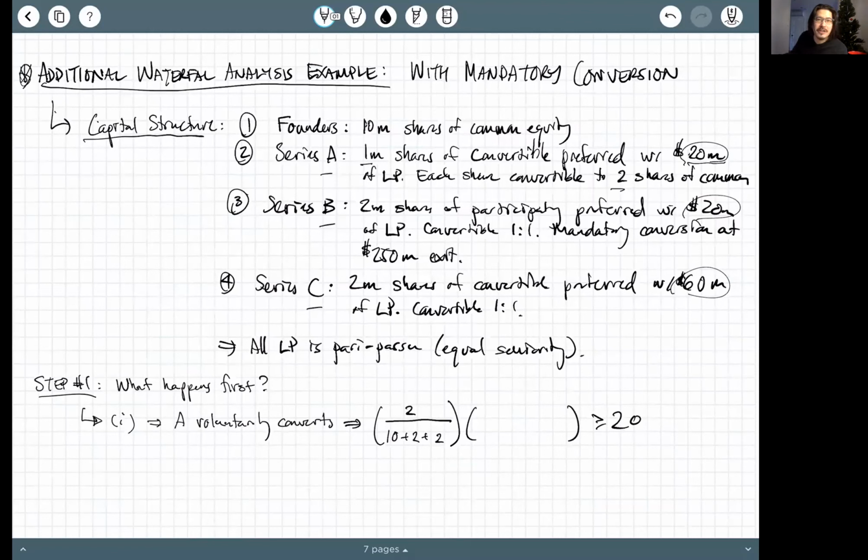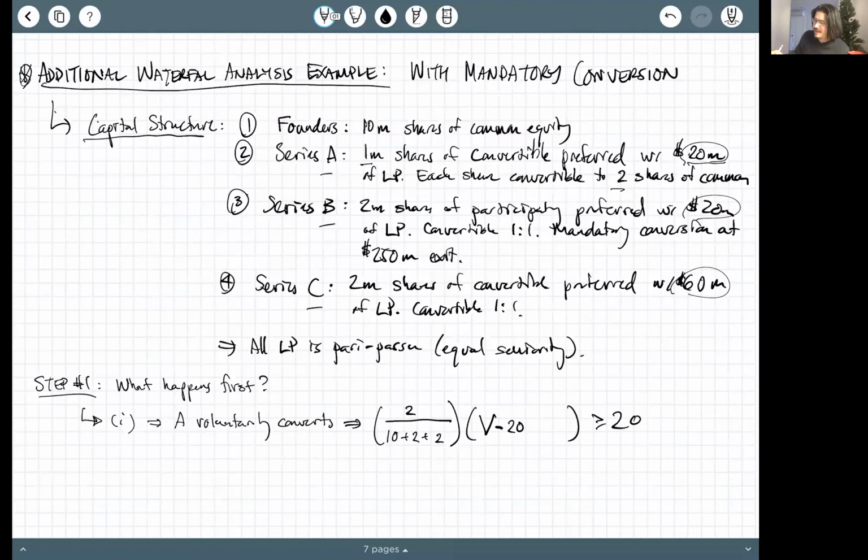What would be the common equity value? It would be the exit value of the startup minus all the other liquidation preference that still exists in the company's capital structure. So there would be the 20 million that is still owed as liquidation preference to Series B, because Series B is participating preferred and has not hit its mandatory conversion yet.